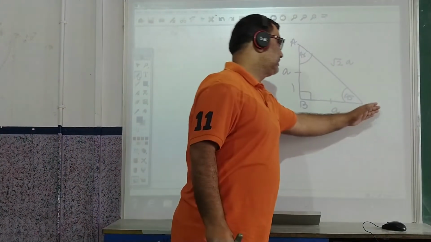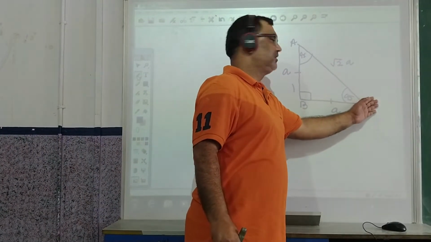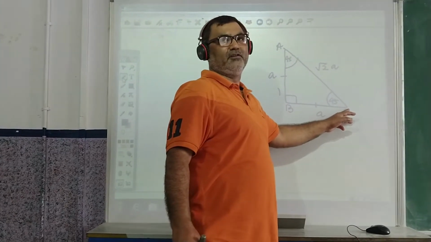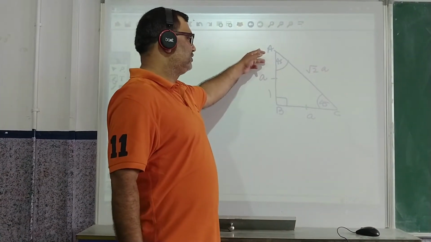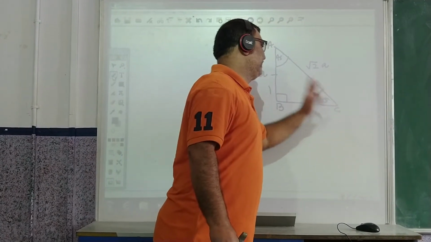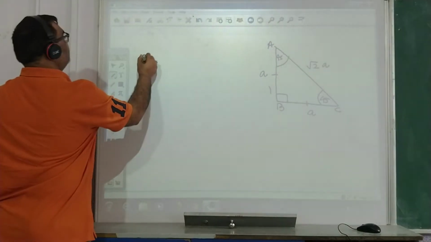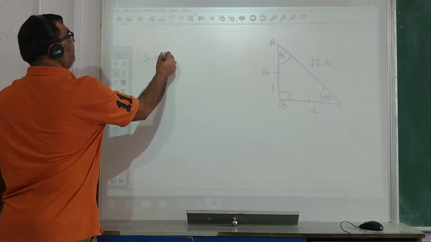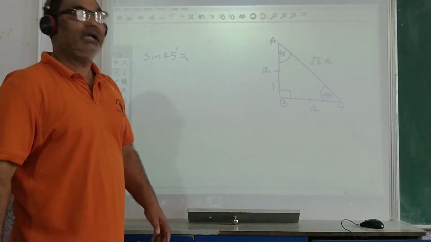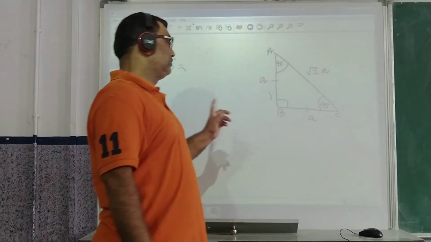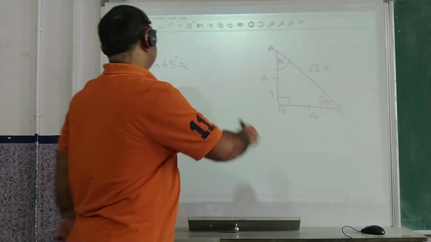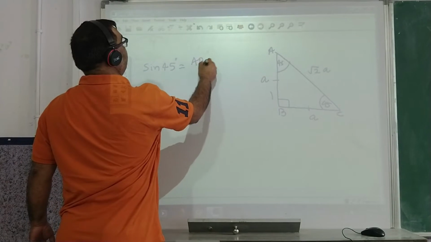First, suppose this is the angle of reference. You may choose this one too, but the answer remains same. So sine 45, the angle is 45. Sine 45 is equal to P by H. As I told you, don't write PBH, write what P is: AB.